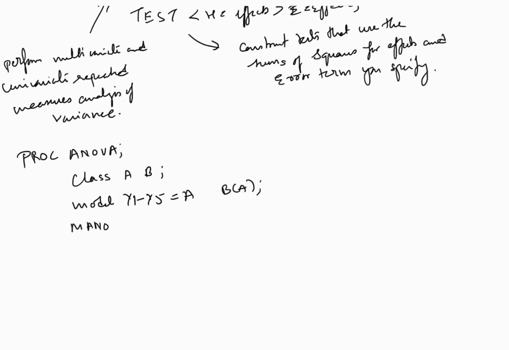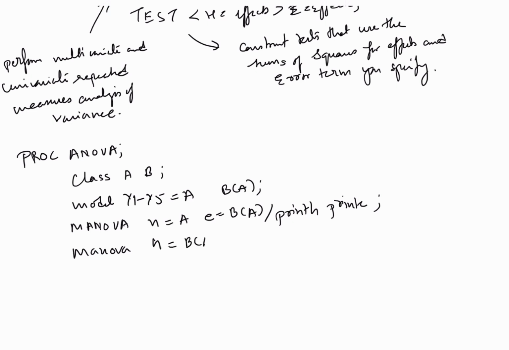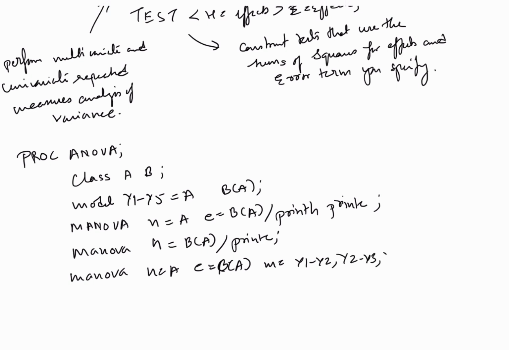You can do multivariate analysis as well with MANOVA H=A E=B(A) and PRINTH PRINTE. Then MANOVA H=A E=B(A) M=y1-y2, y2-y3, y3-y4, y4-y5, PREFIX=difference.